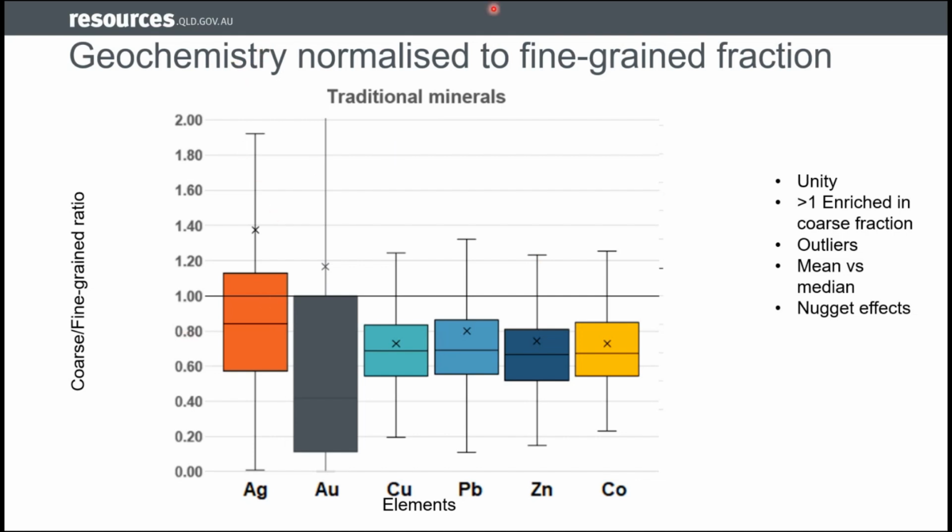The whiskers just mean the distribution itself. And so, in other words, why previous exploration methods are successful is because the same recipe book applies to them. It's preferentially concentrated in the fine fraction, the minus 80 micron itself.